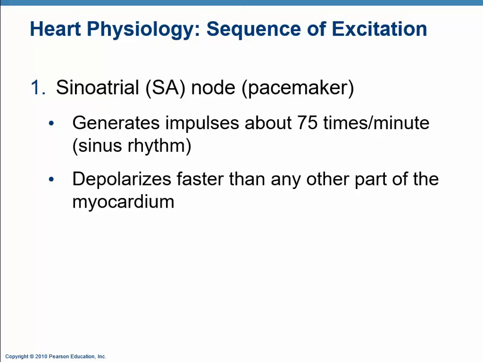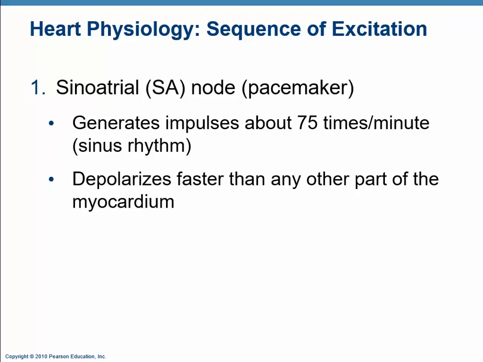It generates impulses about 75 times per minute. It's the fastest autorhythmic depolarizer, so it sets the pace. Left on its own, the heart will beat 75 times a minute because of the SA node.